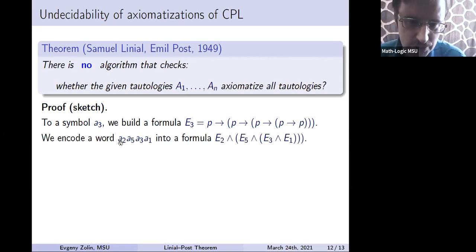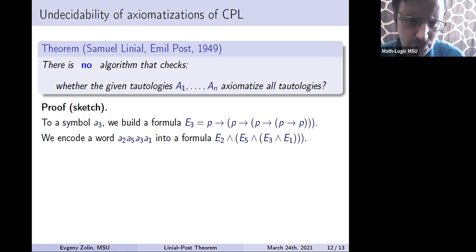If we have a finite word, for example A2, A5, A3, A1, we encode this word into the following conjunction. We put these formulas, put conjunction, and put a parenthesis to the right for uniqueness.